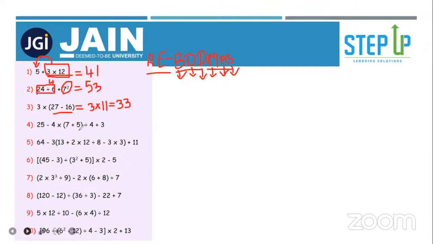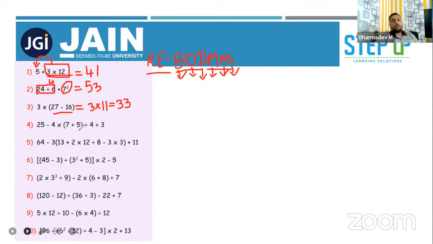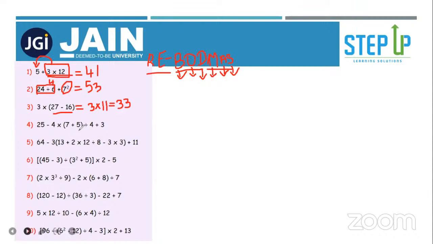So in this question, yes, Laban, what was your doubt on the fourth question? I wanted to find out, sir, the same question. Since you said we follow BODMAS, there we did brackets first of all. We added 7 plus 5, then it gave us 12.